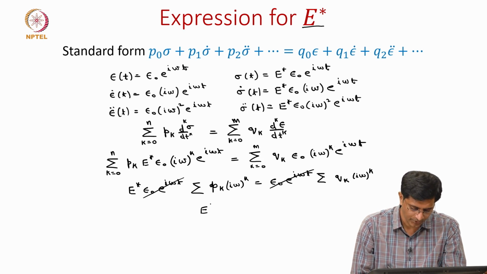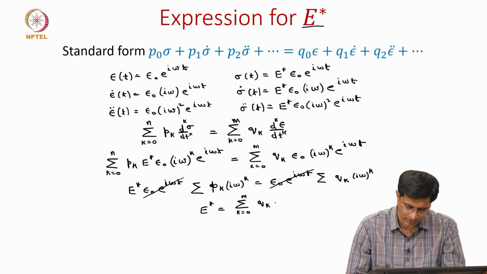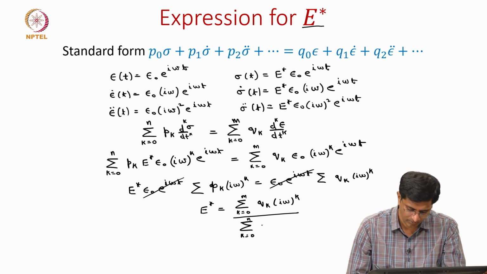Now, this should reduce as E star equals summation k going from 0 to m qk I omega power k by summation k going from 0 to n pk I omega power k.